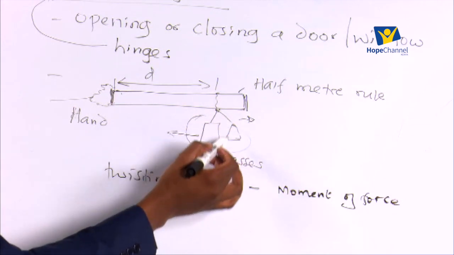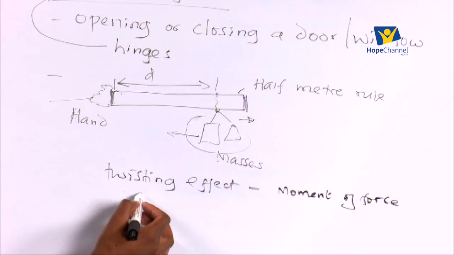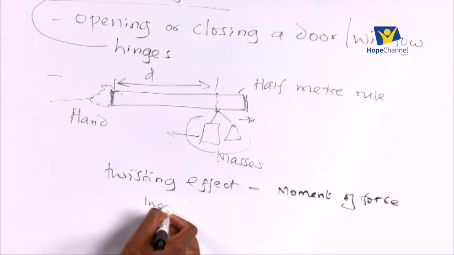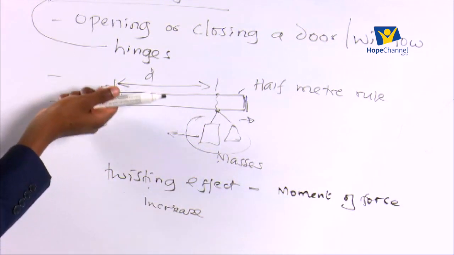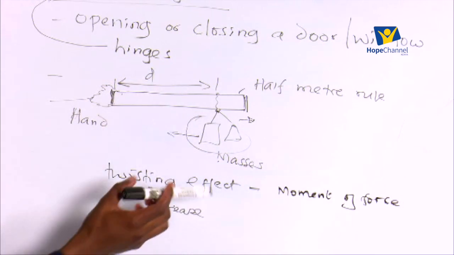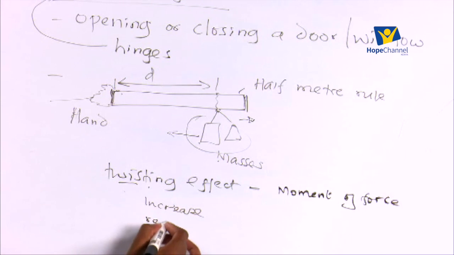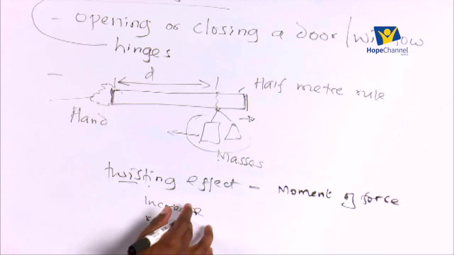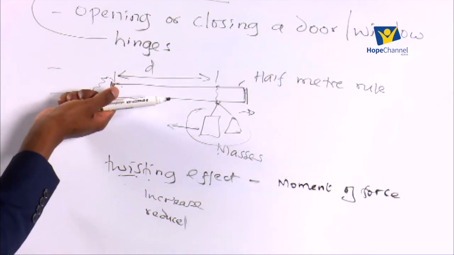If we increase the value of the masses, then the twisting effect will obviously increase. It will be harder for you to keep the object in that horizontal position. If we reduce the masses, then the twisting effect will reduce. That means it becomes easier for you to hold the object in the horizontal position.